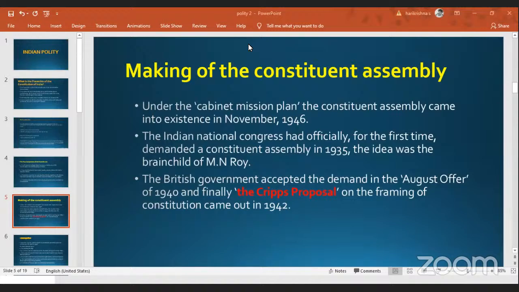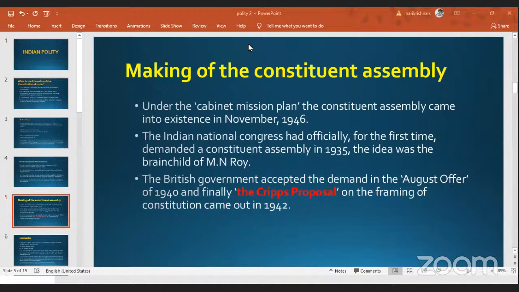Then the British government accepted the demand in the August Offer of 1940, and finally the Cripps proposal on the framing of the constitution came in 1942.